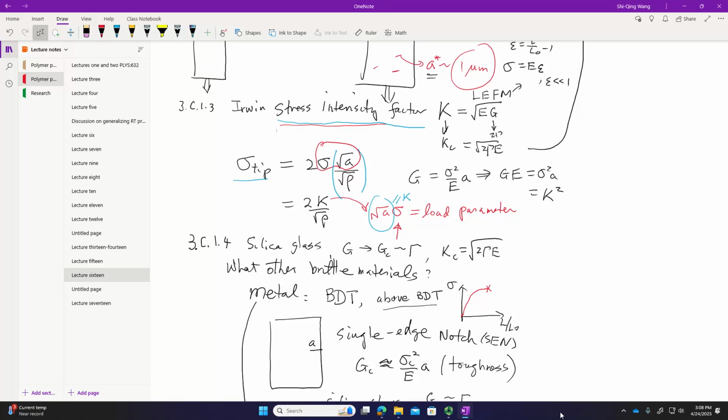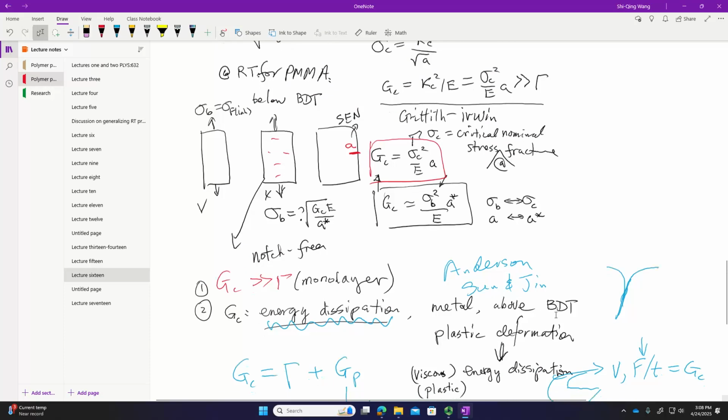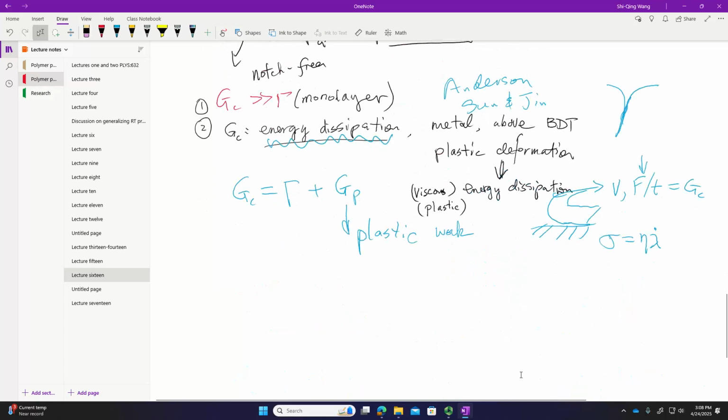I call it K. So basically, K and G are related like that. So when people in the textbook say fracture occurs at G reaching GC, we're also saying K reaching KC. And what is KC? I'm going to ignore the pi that conventionally is in the square root.